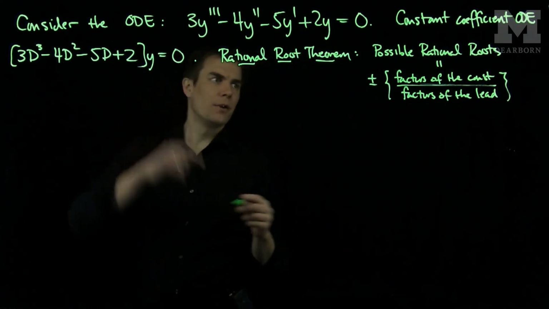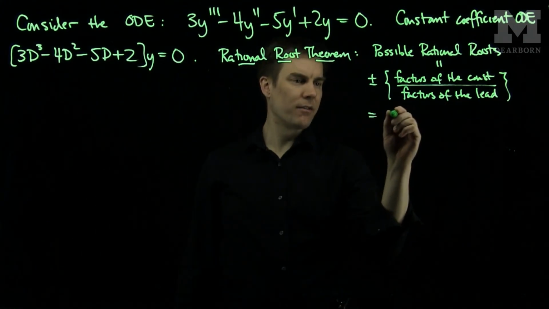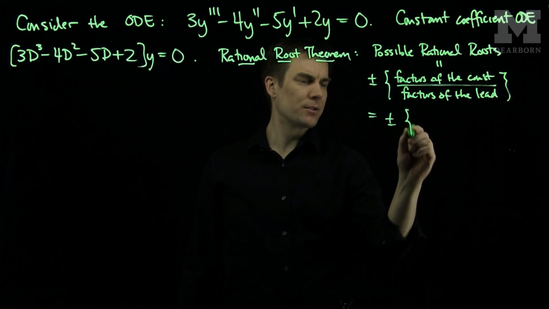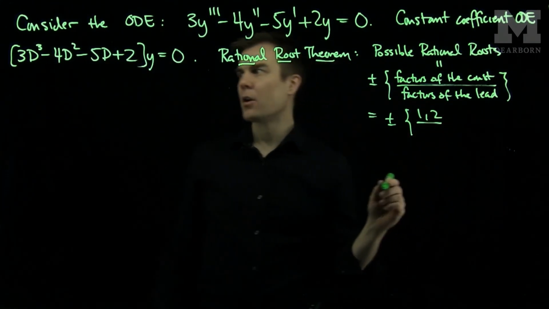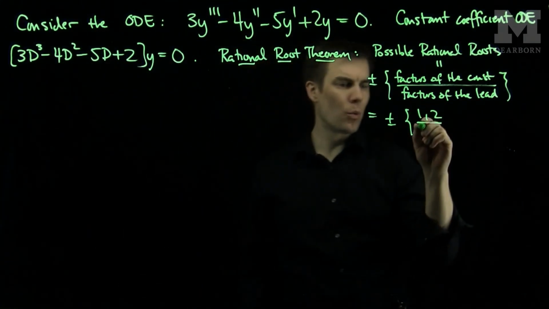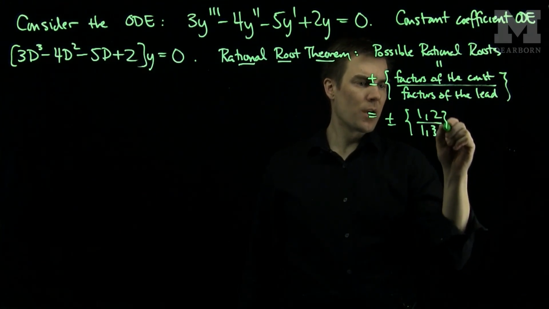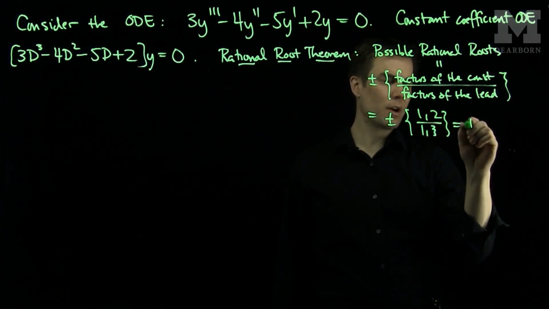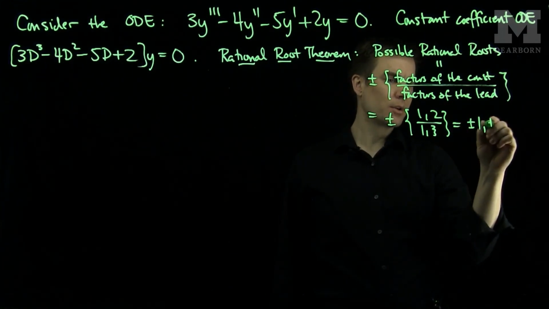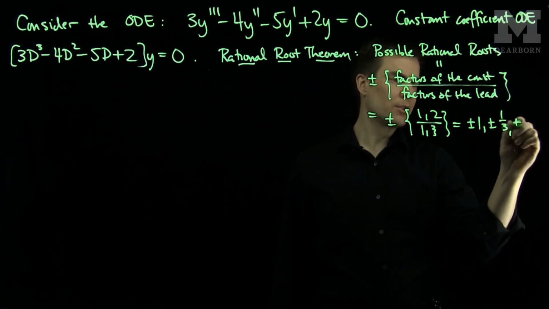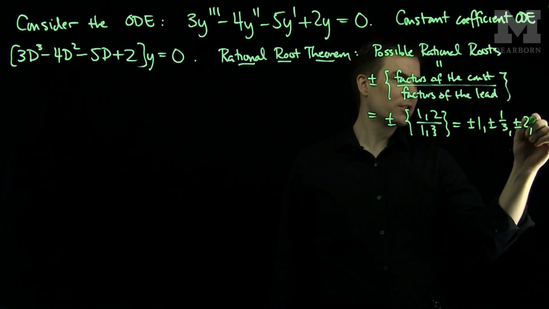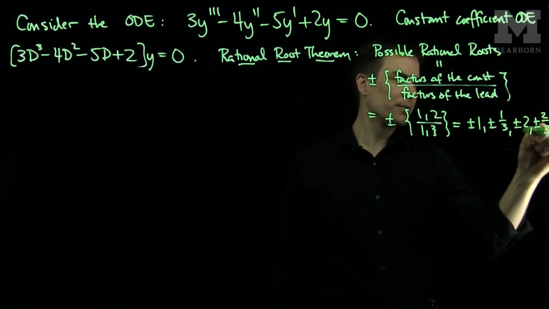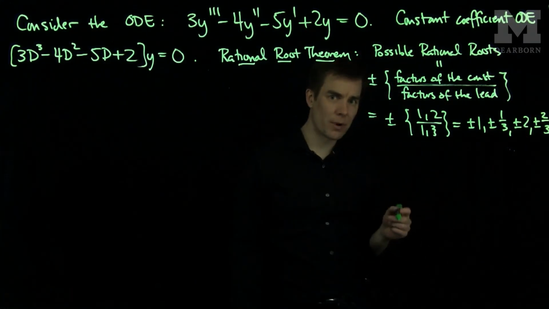The constant coefficient is 2, so the factors of 2 are 1 and 2, over the factors of the lead, which are 1 and 3. So we have a collection of possibilities: plus or minus 1, plus or minus 1/3, plus or minus 2, or plus or minus 2/3. Those are my 8 possible rational roots.